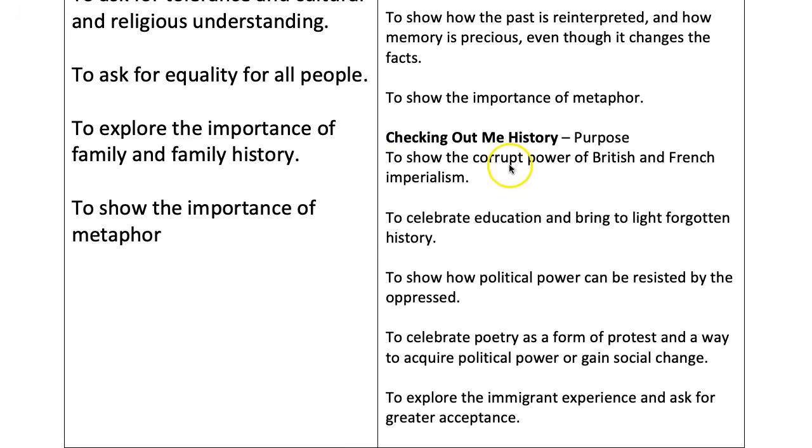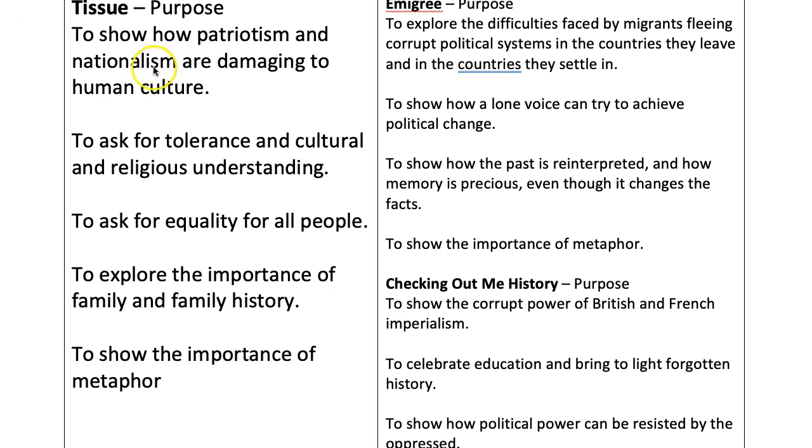So this is to show the corrupt power of British and French imperialism, which links to the idea of patriotism and national borders and how one culture tries to oppress and dominate another. It celebrates education and it wants to bring to light forgotten history, and I'd argue that the memories in this also try to bring to light forgotten history and also educate us.